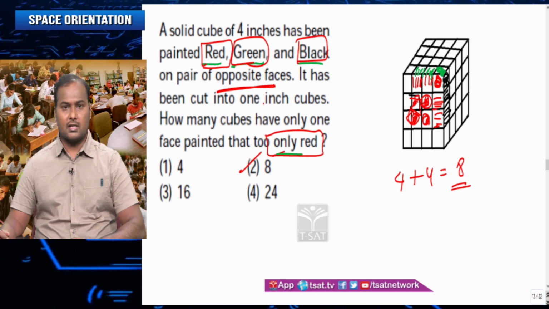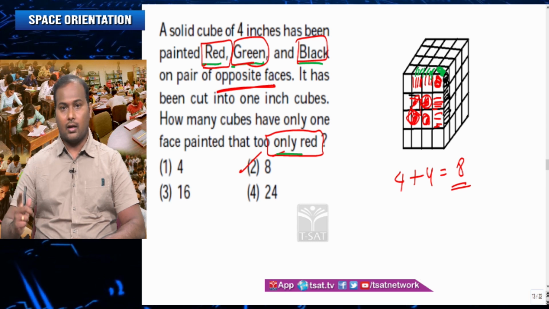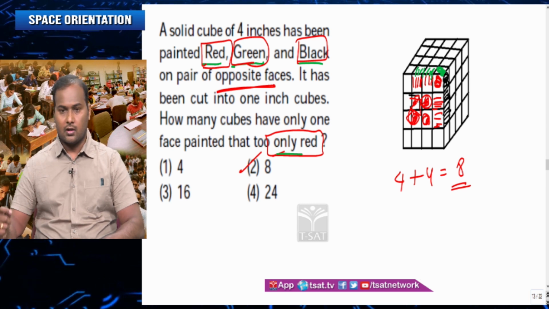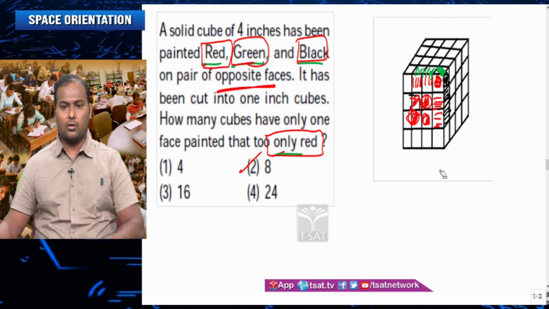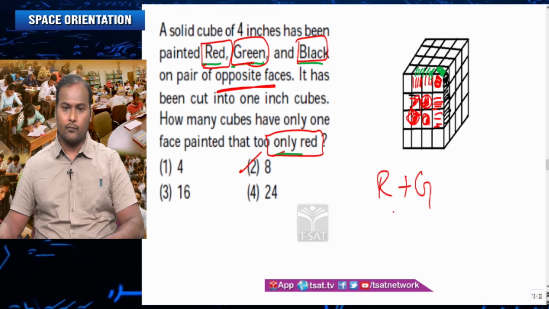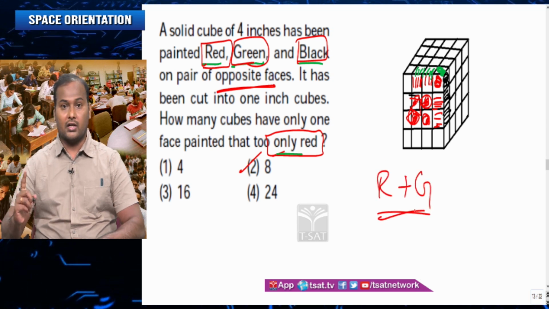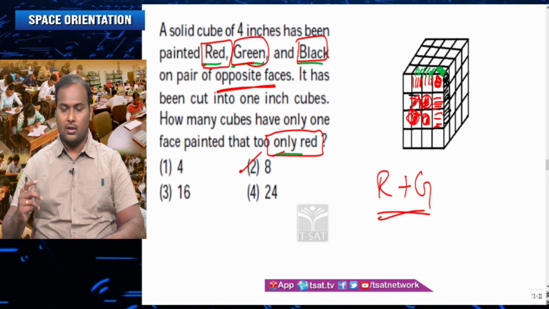If the same question is asking how many cubes with only red and green, if the question is like this, how many cubes with only red and green? When it's talking about only 2, the 2 with red and green, now you have to always take edges, because on edges we have 2 colors, on corners we have 3 colors.